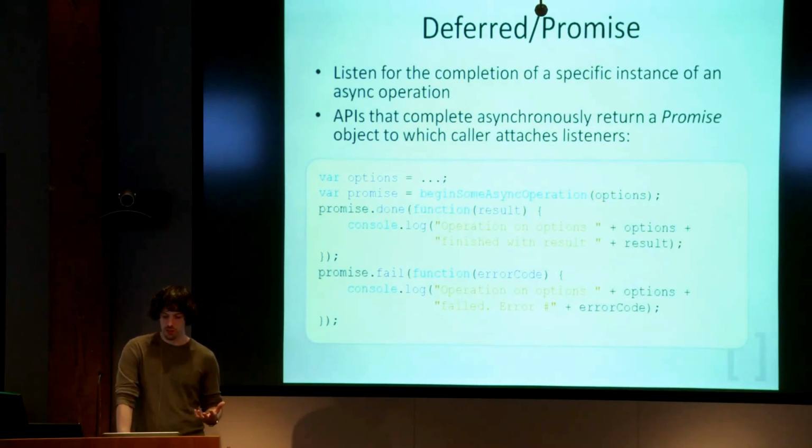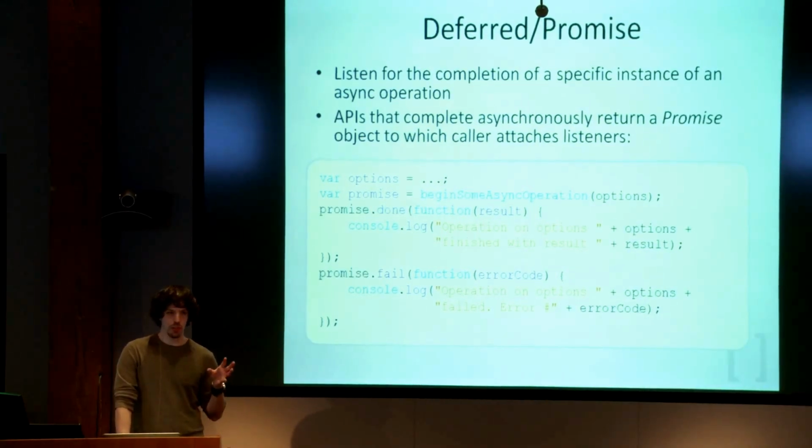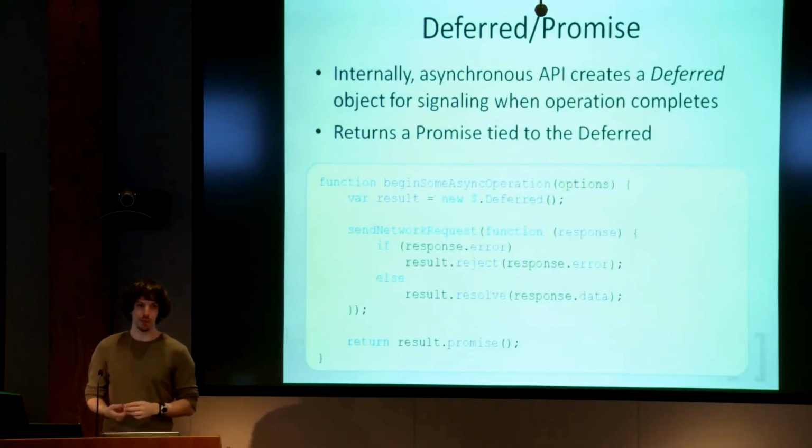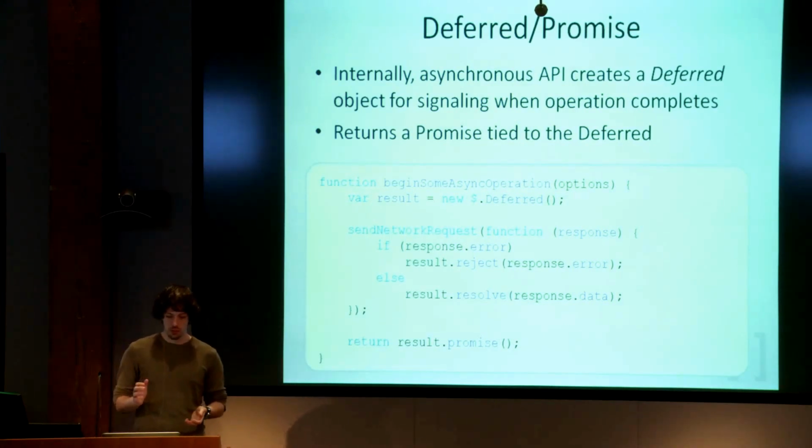So that's basically how you use this mechanism from the standpoint of a client of an asynchronous API. So the flip side of that coin is if you're implementing an API that completes asynchronously, here's basically how that works. You start out by newing up a deferred object, and that's an object that you use to signal when the operation is done, rather than listening for the completion of it like the client would do.